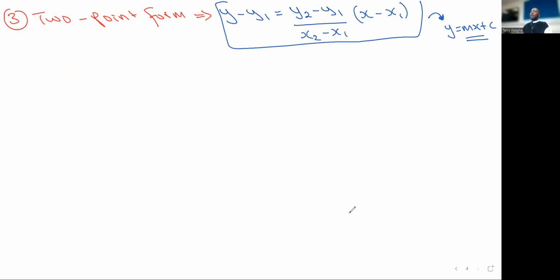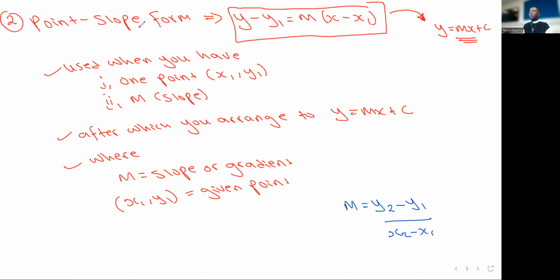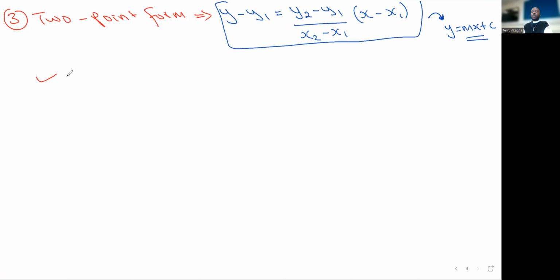So back to the question now. We have the 2-point form, but when do we use this? You use it when, number one, you have 2 points. So in this question, they gave you x1 and y1, and also they gave you x2 and y2.